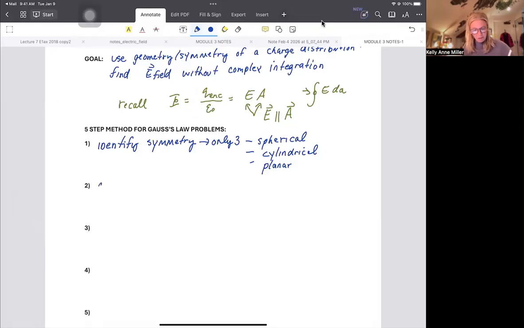So step 2 is choose your Gaussian surface. And a Gaussian surface confuses a lot of people when they're first learning this. It's not a real surface. It's a hypothetical, a mental construct that you use to manipulate the symmetry.